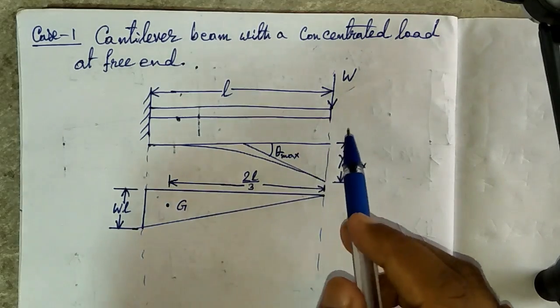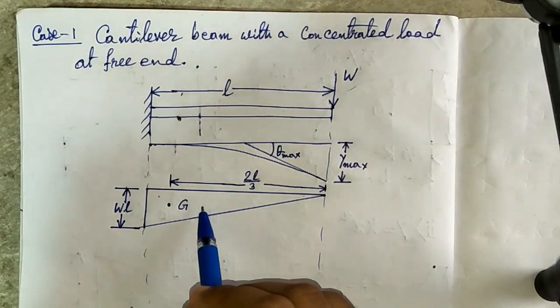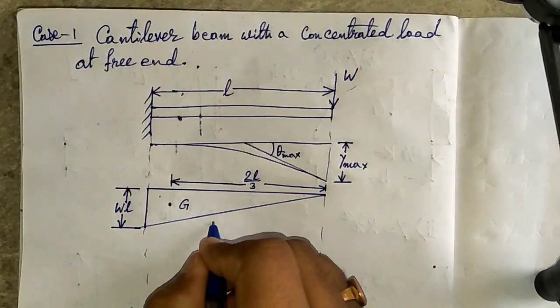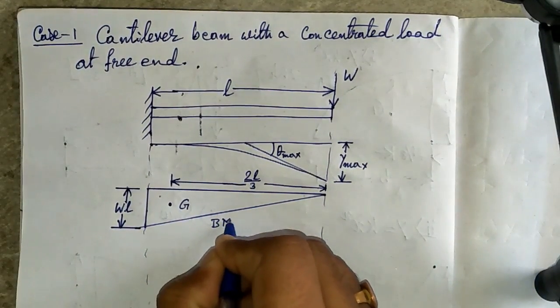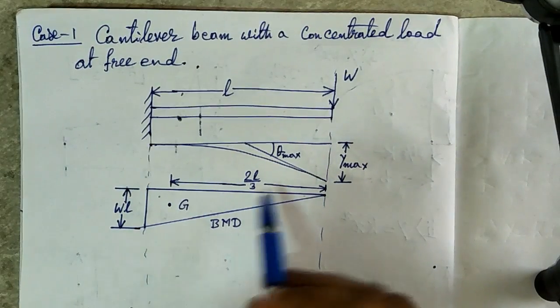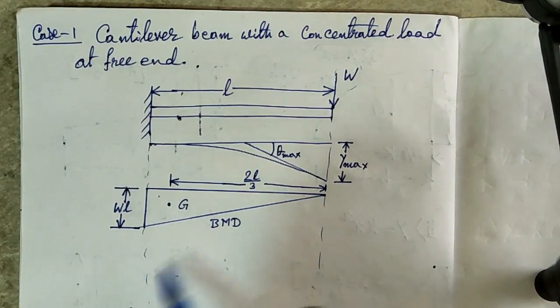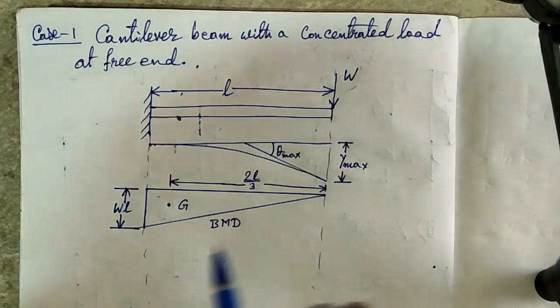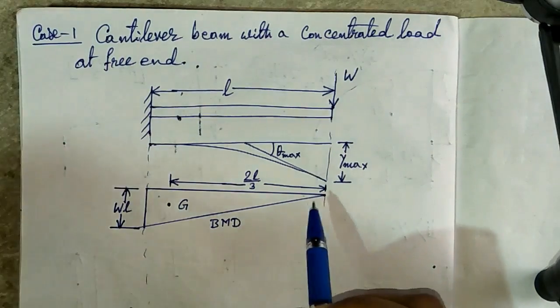This inverted triangle is the bending moment diagram, whose CG is at a distance 2L by 3 from the free end.